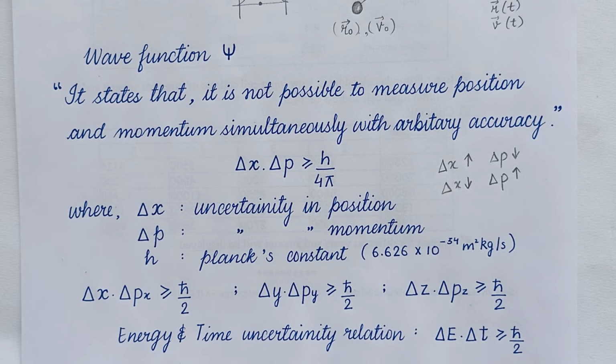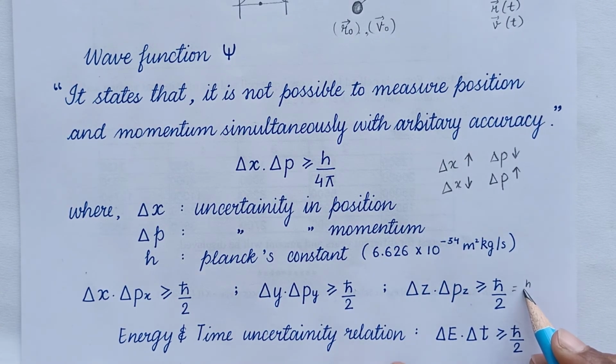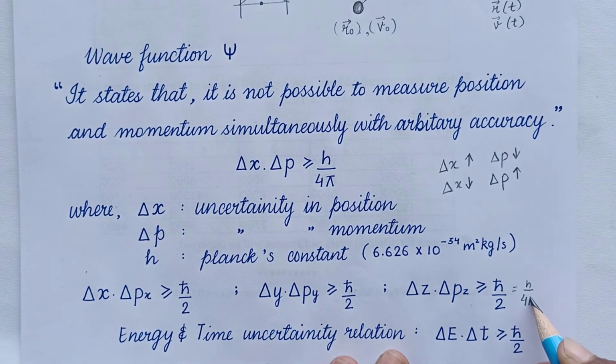As all quantum phenomena are described by waves, the uncertainty relation for position and momentum in three-dimensional form can be written as: del x dot del px is greater than or equal to h cross upon 2. Del y dot del py is greater than or equal to h cross upon 2. And del z dot del pz is greater than or equal to h cross by 2, where h cross by 2 is equal to h upon 4 pi.